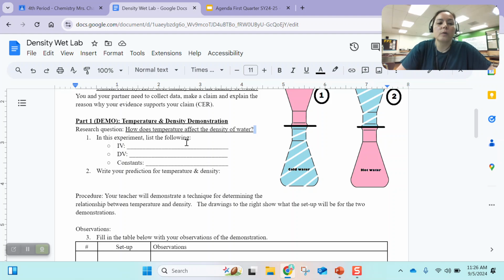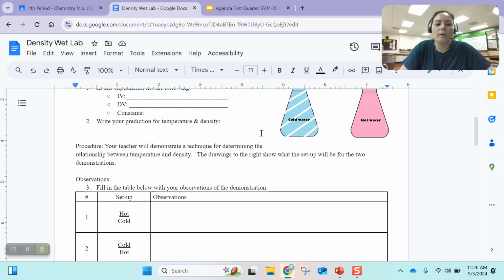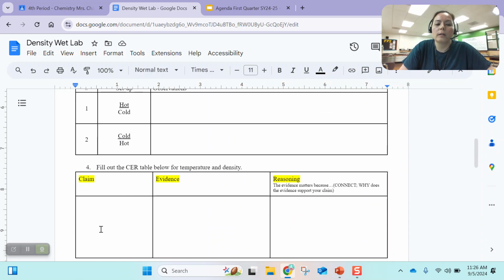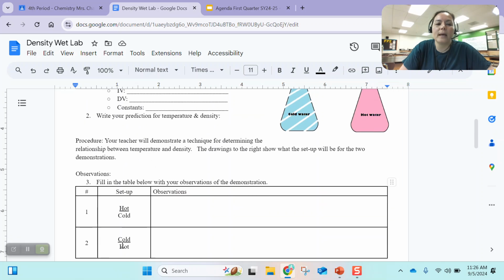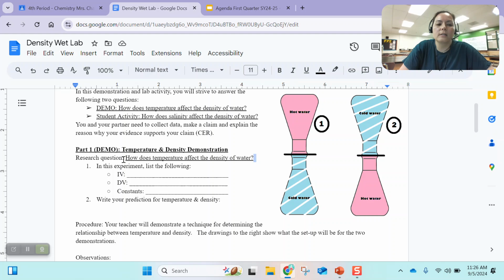Your research question here is stated: how does temperature affect the density of water? So that is what we're trying to answer when we go down here to your claim. Okay, so the claim, which is a one sentence answer, will be answering this question right here. How does temperature affect the density of water?